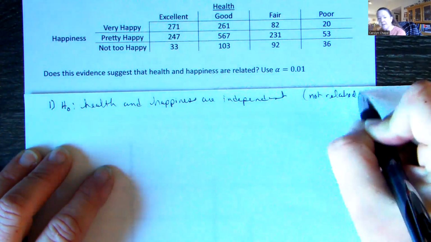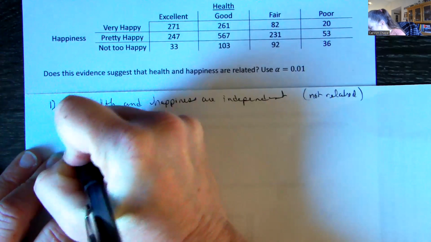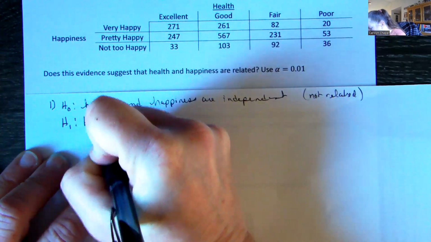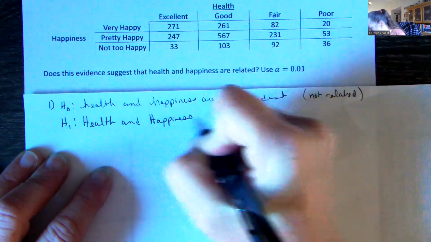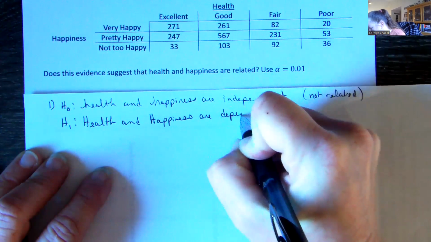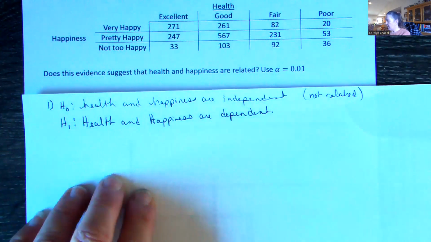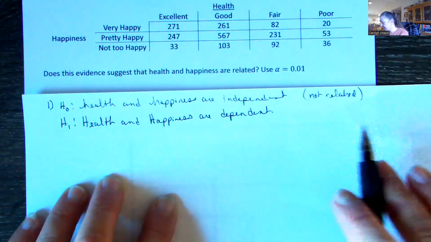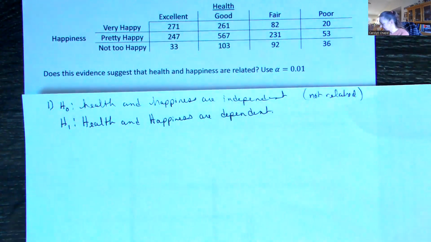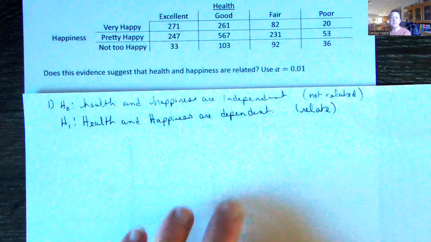One doesn't affect the other whatsoever, versus that they are somehow related to each other or connected, are dependent. So independent and dependent are pretty statistical terms. If you were talking to someone in the street, I would probably say that they're related or not related, or they affect each other or don't affect each other.